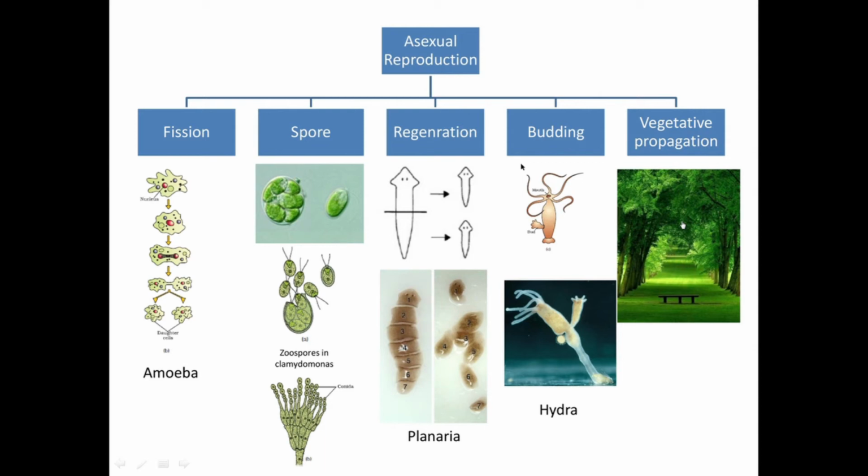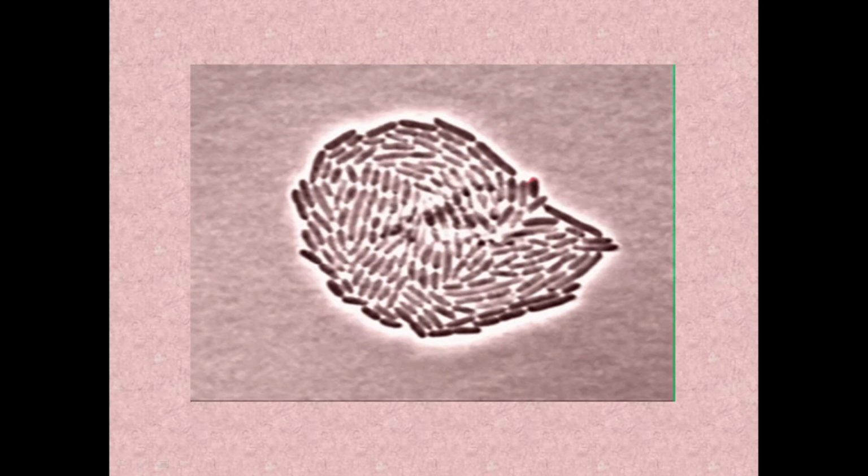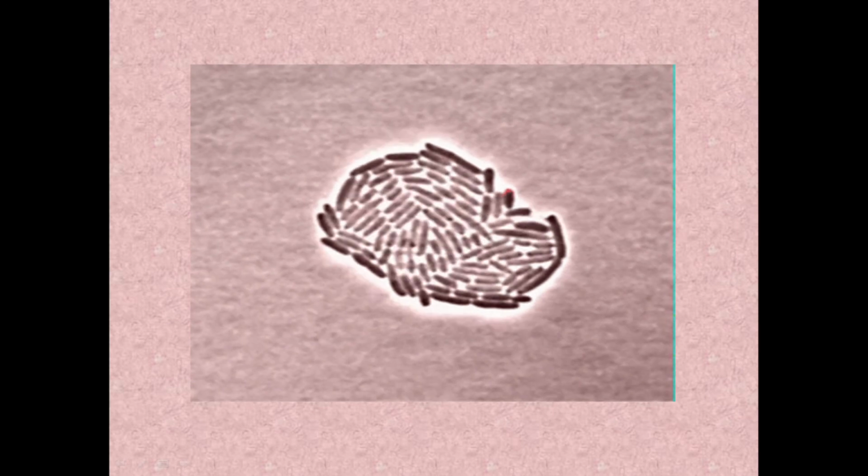In yeast, hydra, sponges, etc., asexual reproduction occurs by budding. In planaria, it is by fragmentation and regeneration. In paramecium, euglena, amoeba, bacteria, asexual reproduction occurs by fission process and so on. In unicellular organisms like bacteria, amoeba, etc., reproduction is synonymous with growth, that is, increase in number of organisms.